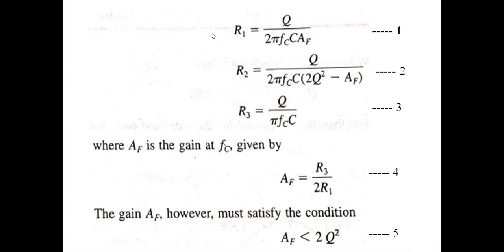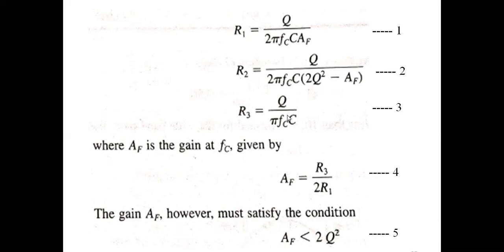R1 is calculated as the quality factor divided by 2 pi FC into C into AF, the gain. Call this equation number 1. Similarly, the value of R2 is Q divided by 2 pi FC into C into (2Q square minus AF). Call it equation number 2.